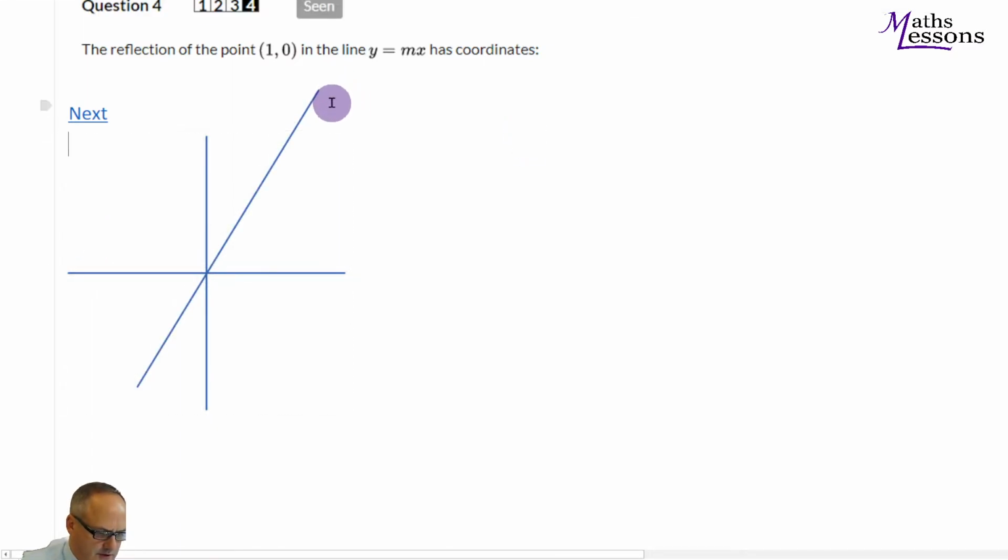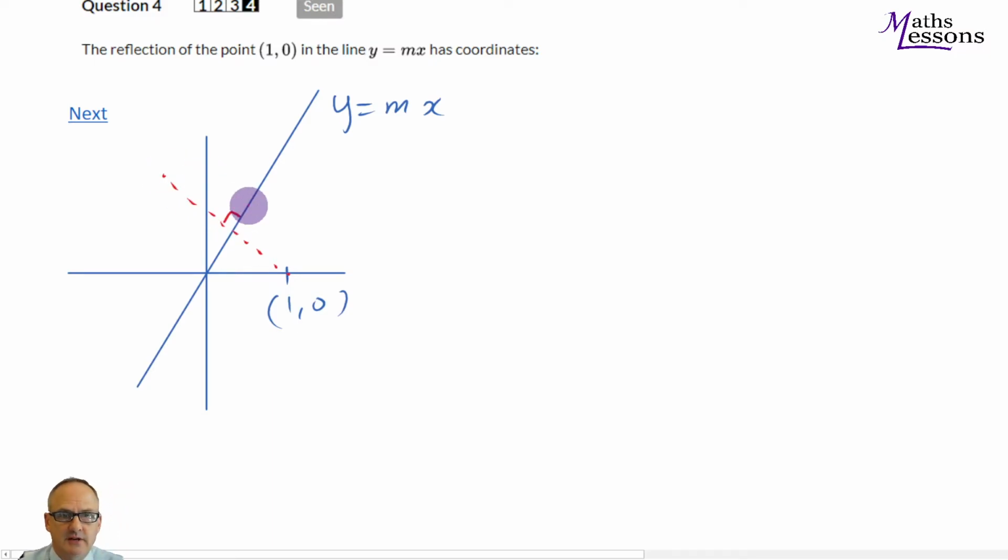So I've got a line where the equation is y equals mx, and I want to reflect the point 1, 0 in this line. So effectively, if I reflect this point in this line, I'm going to have a right angle here, and I know that the distance here and here are going to be equal.